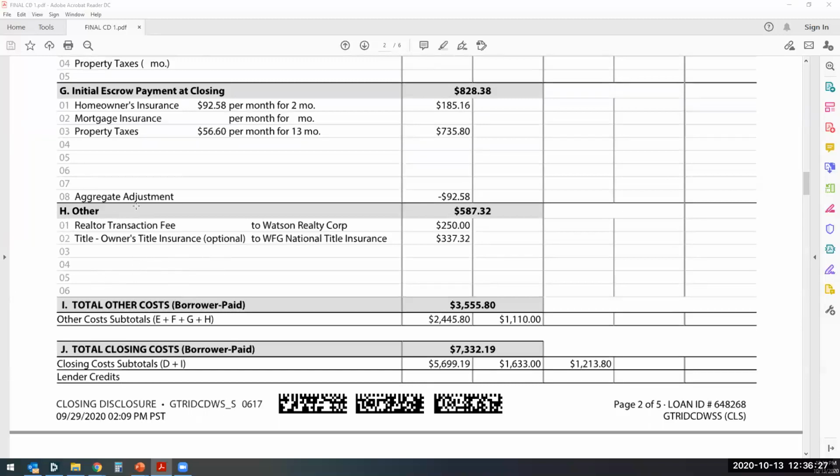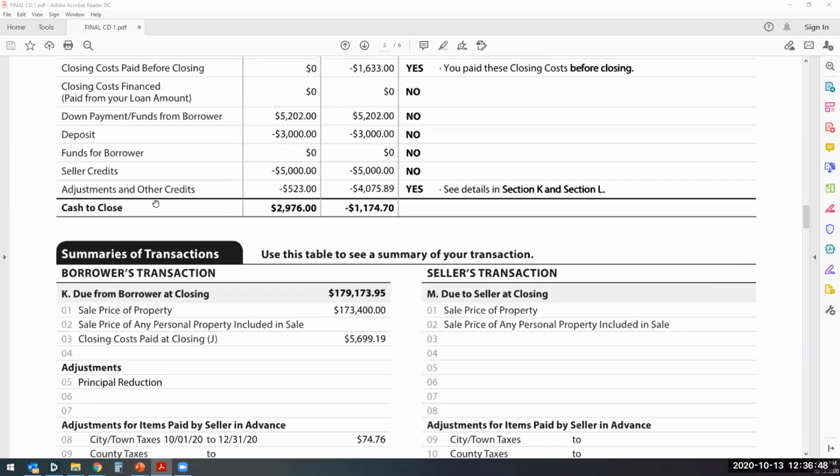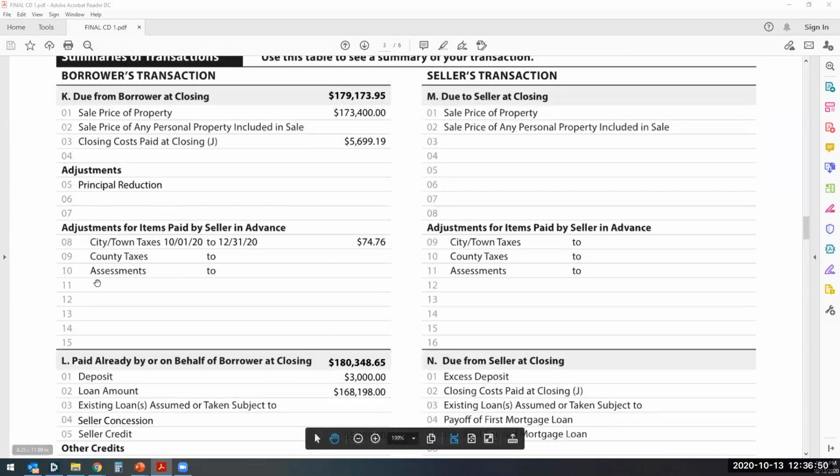Any fees that the buyer has to pay the HOAs, like transfer fees, capital contributions, estoppel fees, you're going to see on number H. Now, what I was talking about, if the HOA is paid up front and they need to give a credit to the seller, you're going to see it here in the adjustments on number 3.